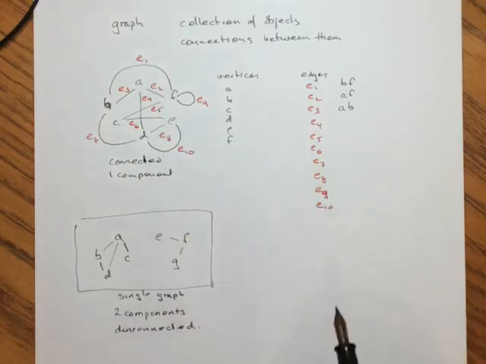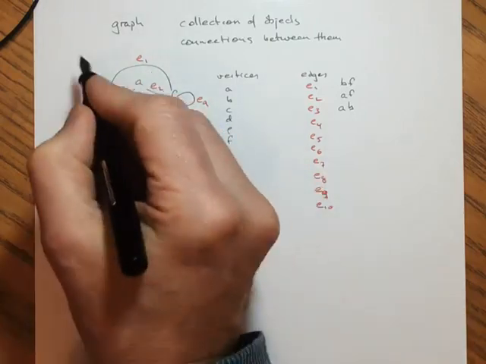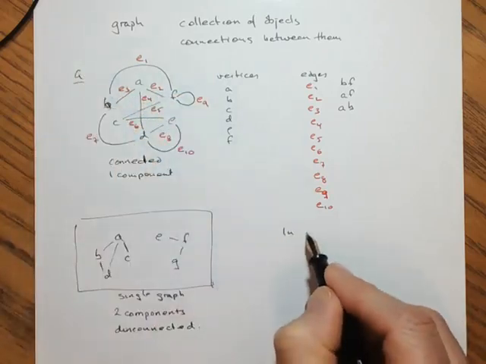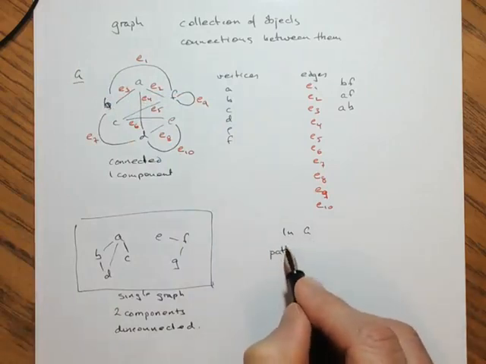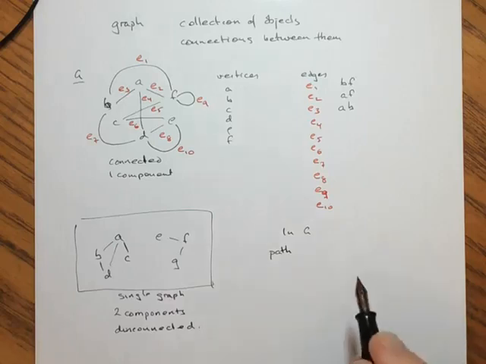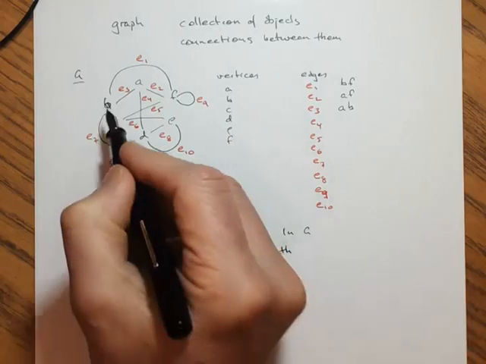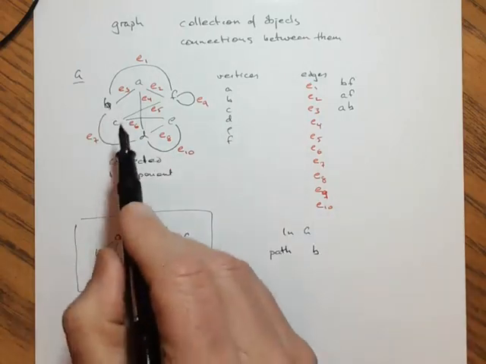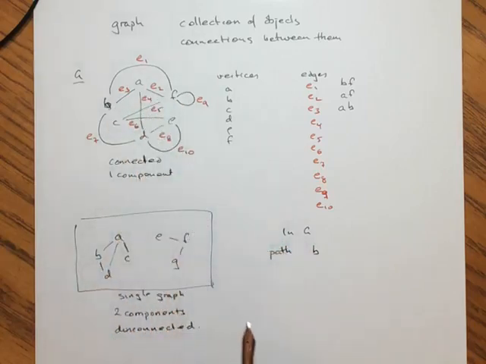things called paths. So let's give this graph a name. Let's call this G. So in the graph G, we can talk about a path, and a path simply means that we're going to start at a vertex. So pick your favorite vertex, or let's say B, and then we're going to travel along certain edges and keep on going. And the idea is that we're not going to repeat any vertices or edges.